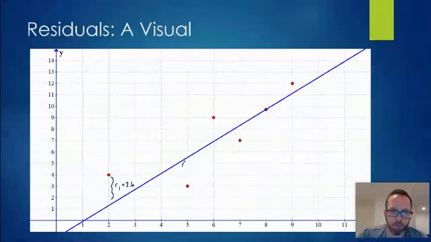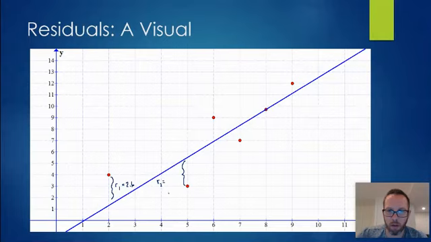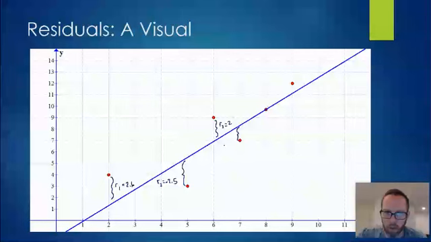The next one is below the line of best fit. So its residual is going to be negative. So here we have R2, looks about like negative 2.5 perhaps. This guy's above, and it looks to be 2 above. This guy is below, and looks maybe like 1.3 below.